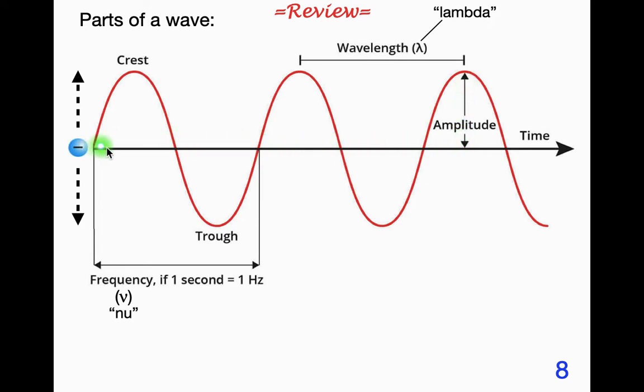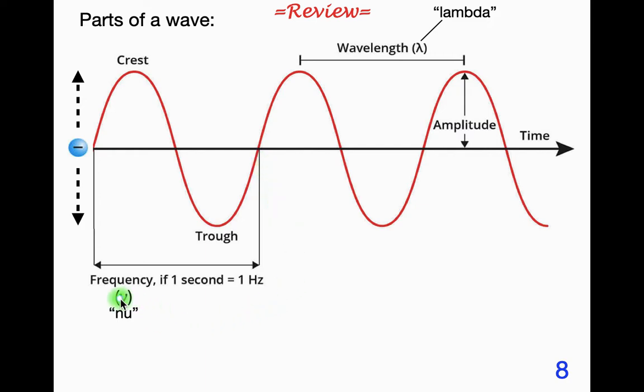The number of waves that pass a given point over a period of time is called its frequency. If you have one wave pass a certain point every second, then we say that the wave's frequency is 1 hertz. So if you had, say, 10 waves pass a given point in 1 second, it would have the frequency of 10 hertz.